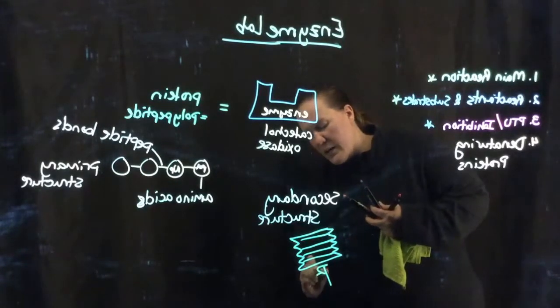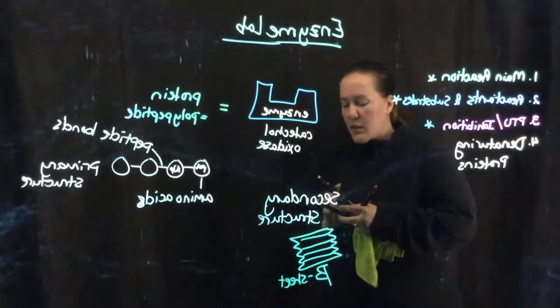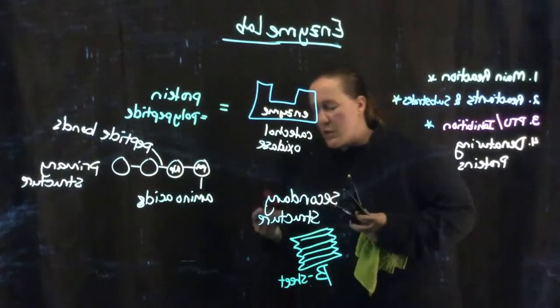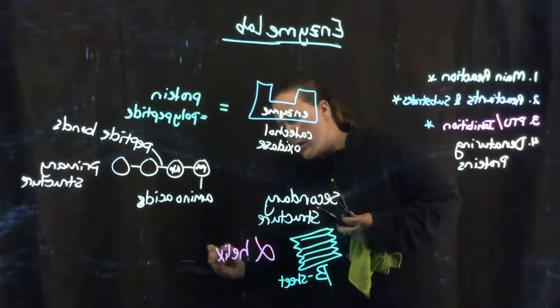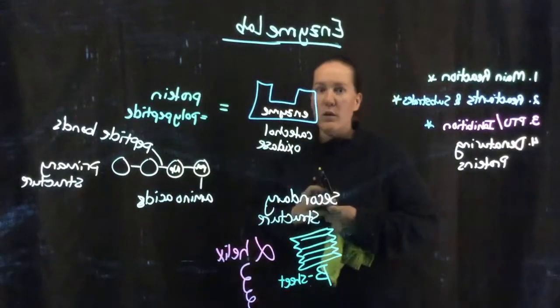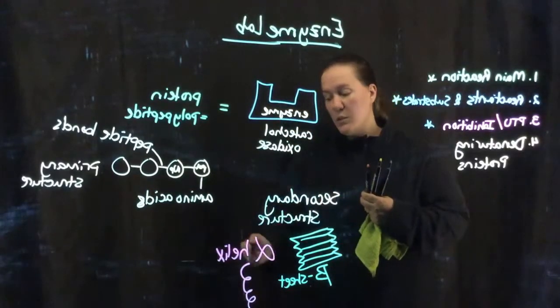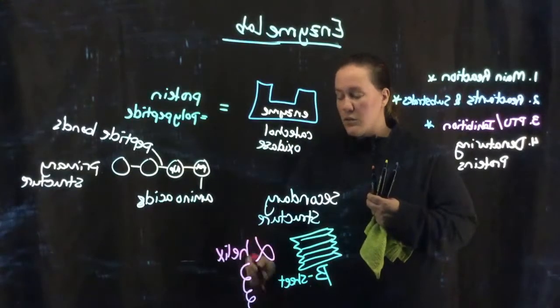And that's called a beta sheet. And then it can also have the option of forming an alpha helix. And that's just a single spiral. So when you think of DNA, that's a double helix. We just have sort of a corkscrew shape here with the single strand.